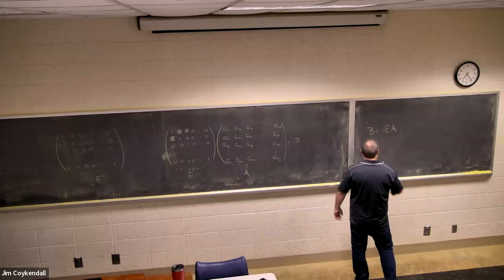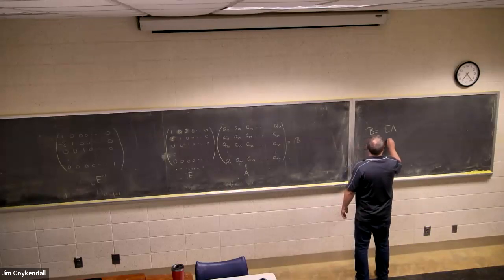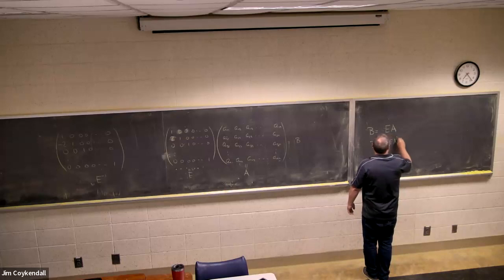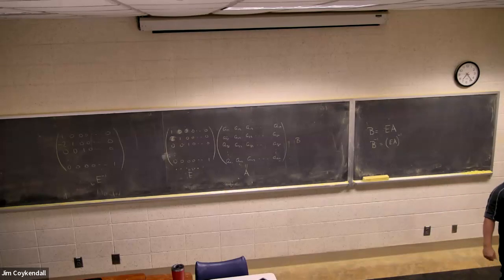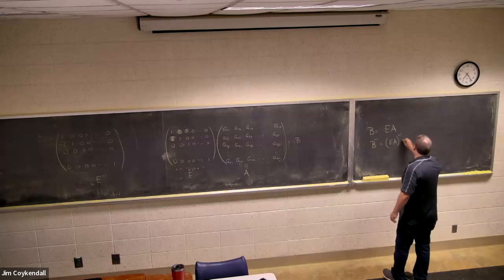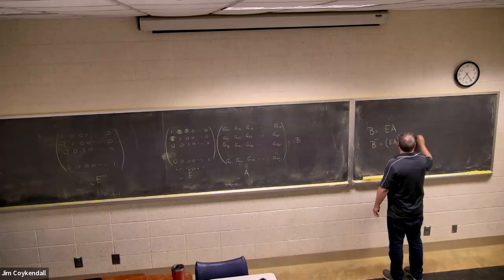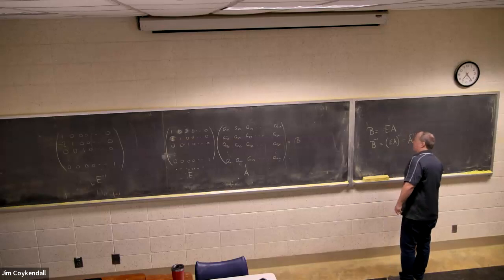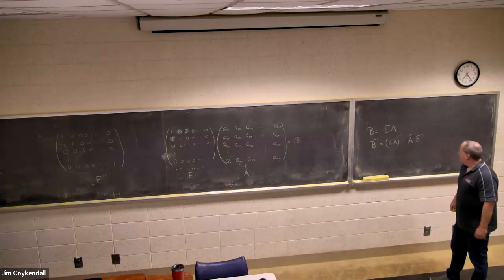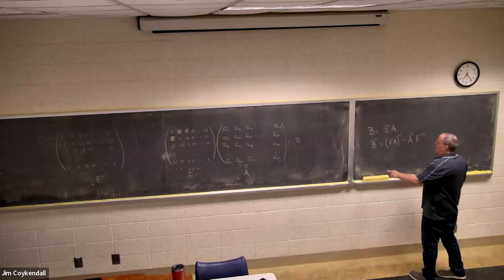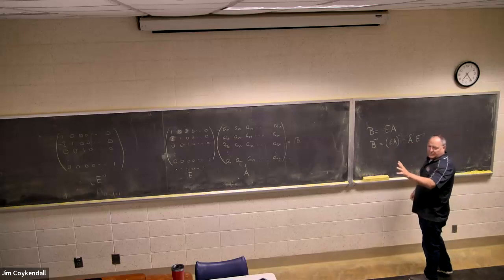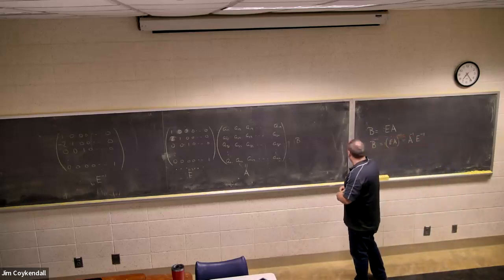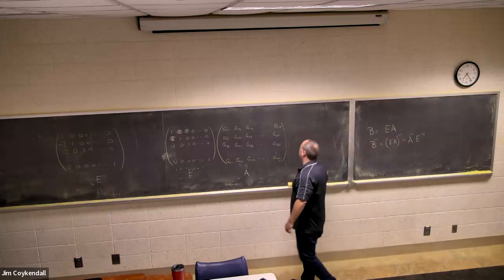Well, here's what I'm going to do, because I'm a simple-minded fellow. I want to get inverses out of things, so I'm just going to take the inverse of both sides. What is the inverse of DA? So the relationship between A inverse and B inverse is that you take A inverse, whatever it is, I'm not sure what it is, and multiply it on the right.